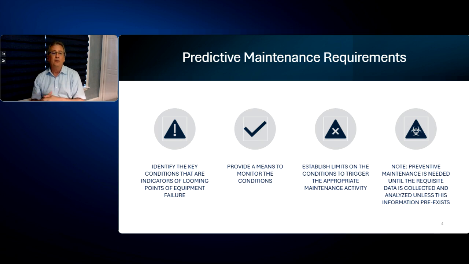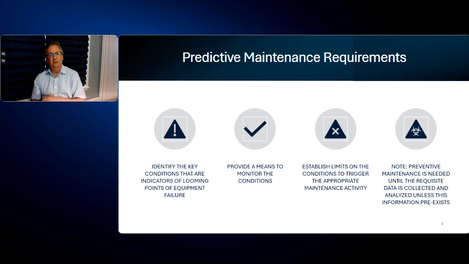First and foremost is to identify the key conditions of a piece of equipment that are indicators of looming points of equipment failure that are coming in the near term or intermediate term. So really understanding what the conditions are that we've got to monitor. That's the key, and it has always been that way, even before the advent of a lot of the bells and whistles that come with equipment these days.